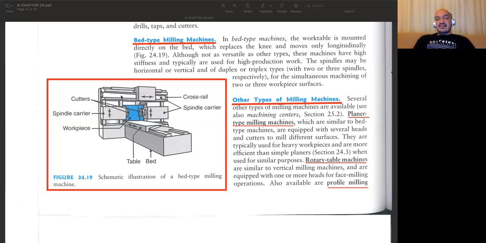The thing is that the cutter is actually moving in this translation direction, in this X direction, in a reciprocating manner, or if the size of the bed is not too much, the bed might be moving in that direction. But they are quite similar to the bed type milling machines.